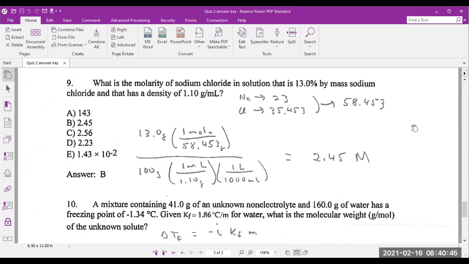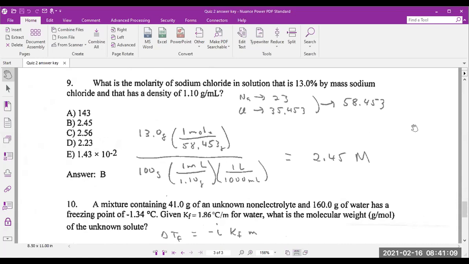Number 9, what's the molarity of sodium chloride in a solution that is 13% by mass sodium chloride and has a density of 1.10 grams per mil? So once again, if it's molarity, we know our final answer has to have moles in the numerator and liters in the denominator.